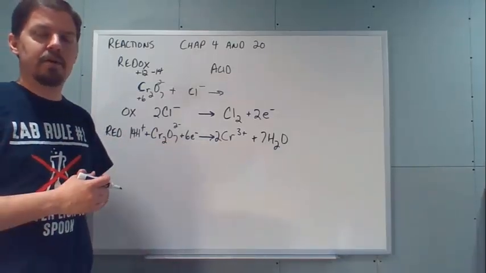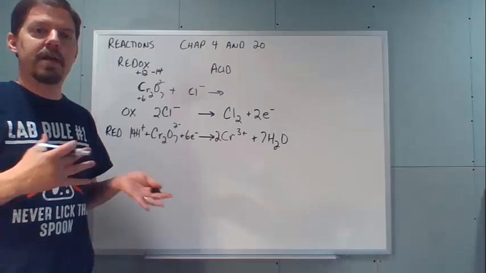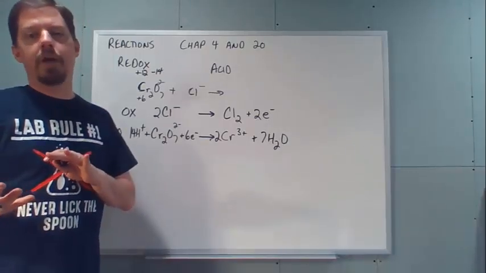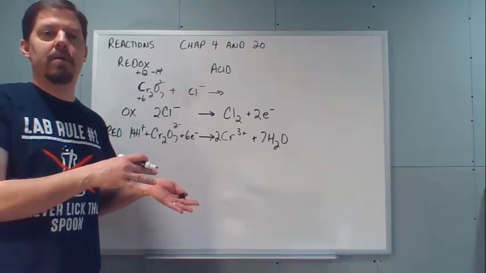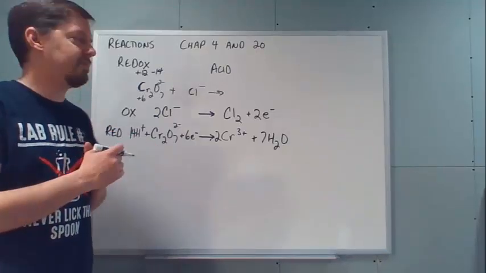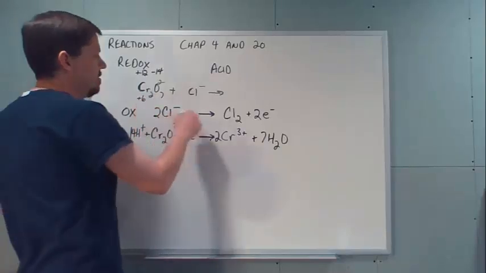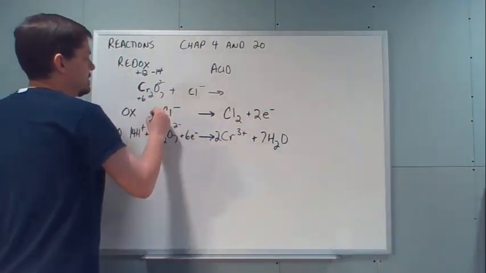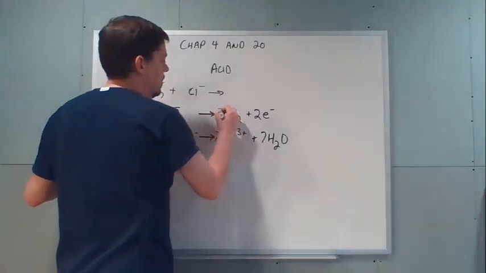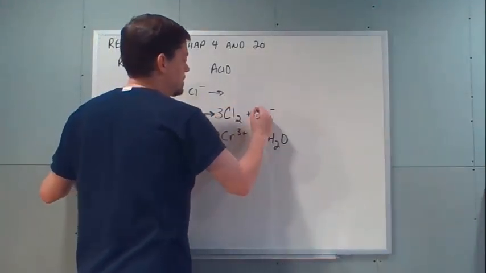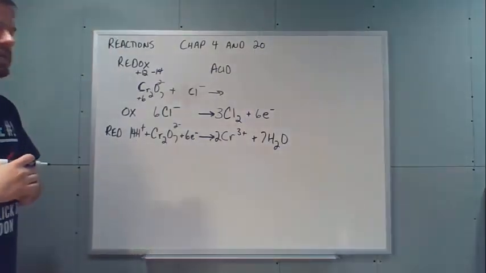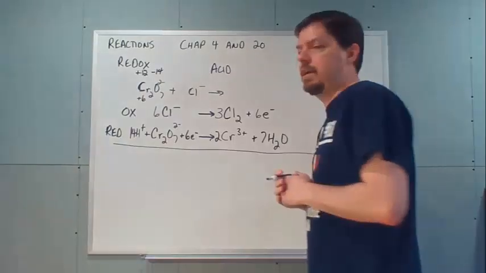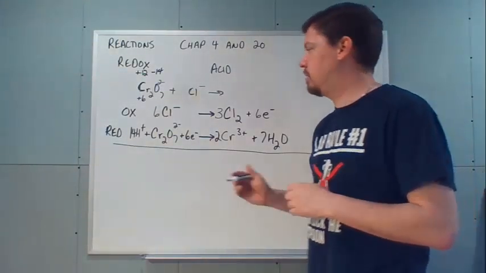So this isn't going to work, because in order for a redox reaction to occur, we know that the number of electrons lost in one half reaction has to equal the number of electrons gained in the other half reaction. So I'm going to have to do this top reaction 3 times. I'm going to have to make this 6, this 3, and then it makes this 6. So now when I'm all done, when I add down, this is going to give me finally my net ionic equation.